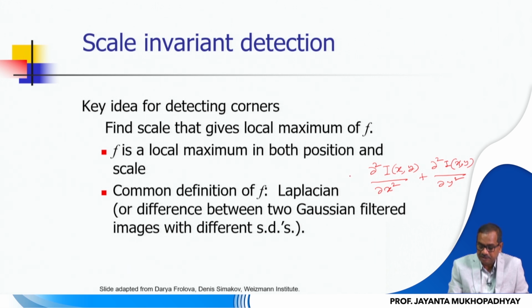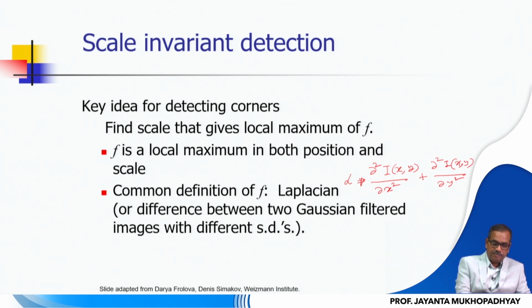So this is the Laplacian measure of the image at any point x, y. Okay, so this we can measure. This could be one possible measure of these operations. It is also trying to measure a change, similar to the Harris operator.